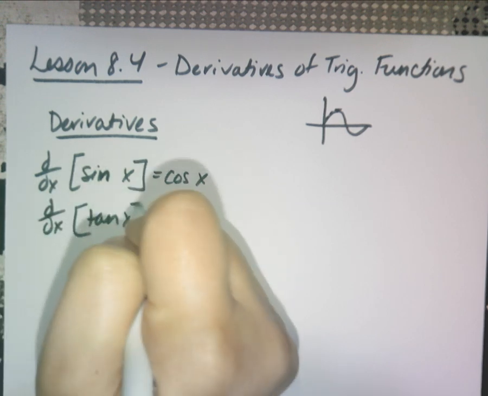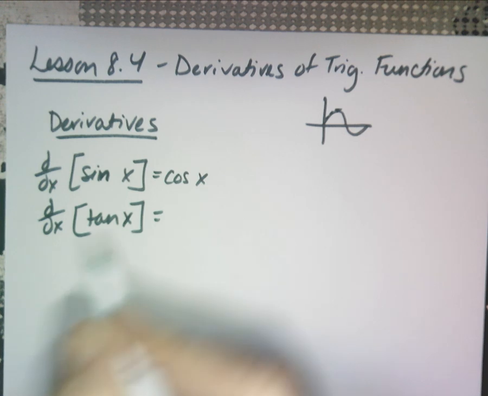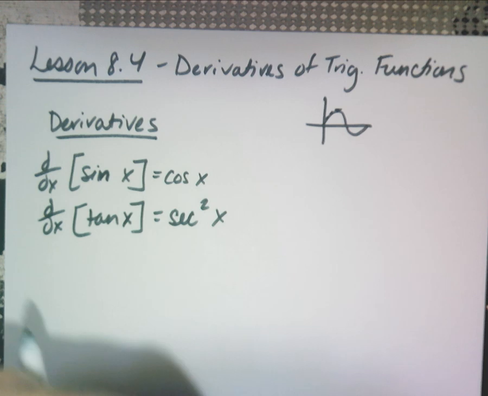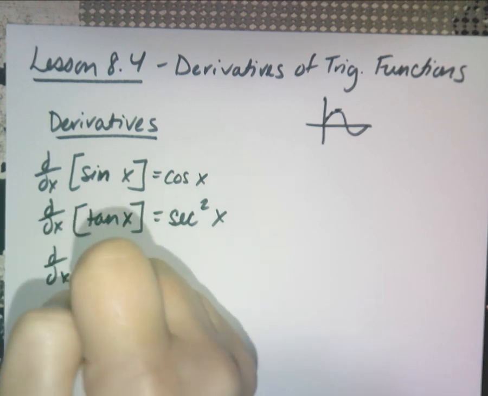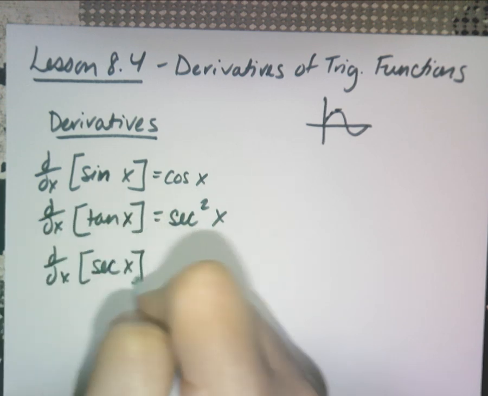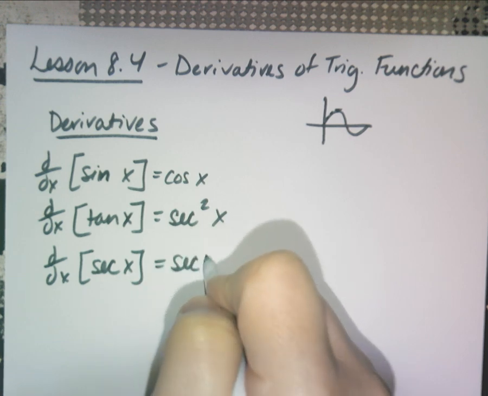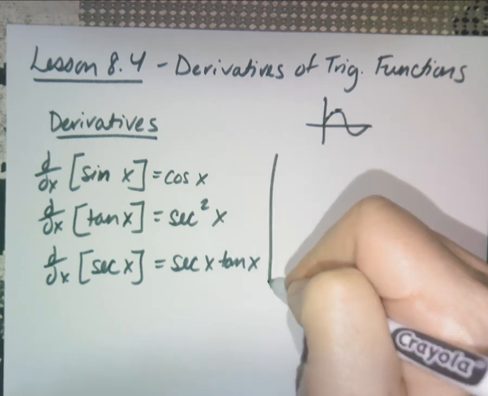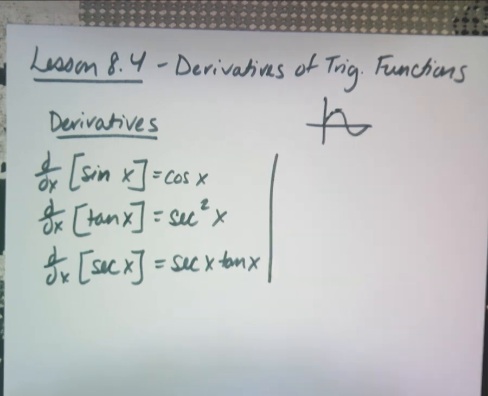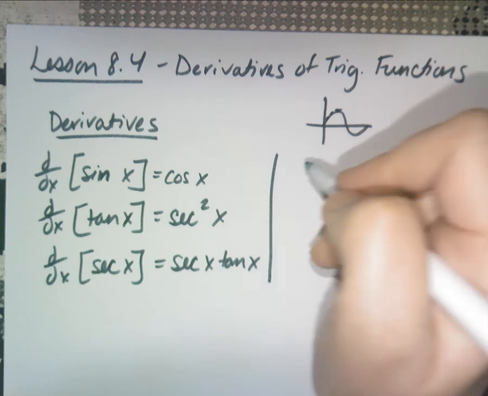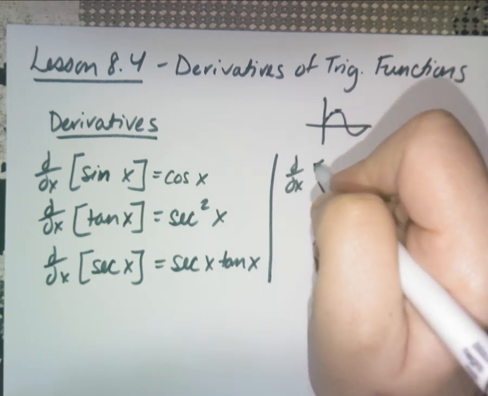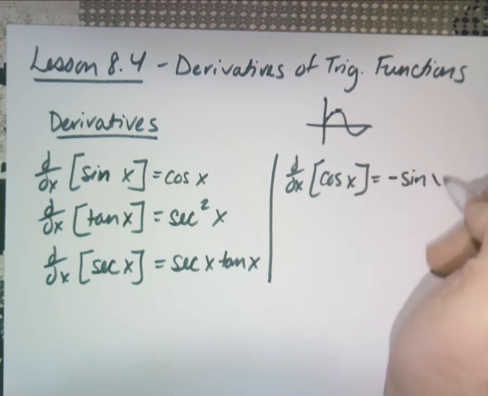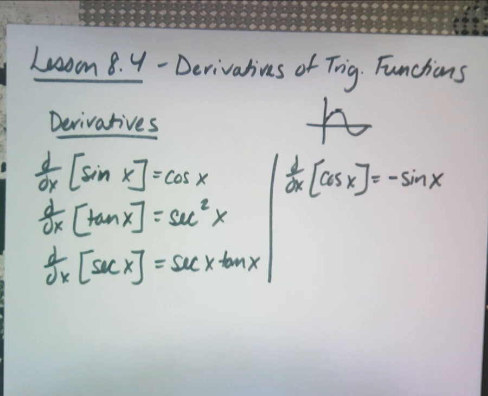All right, derivative of tan is secant squared x. Derivative of secant x is secant x times tan x. How weird is that? Now we're going to do the derivative of all the c's because they're the strange ones. The derivative of cosine x is actually negative sine x. It's actually the flip of your sine curve.